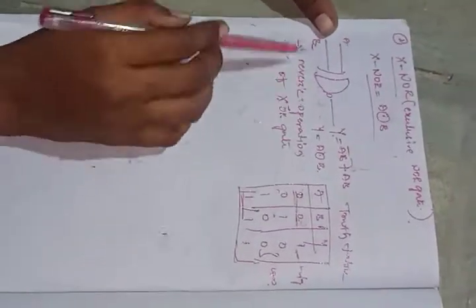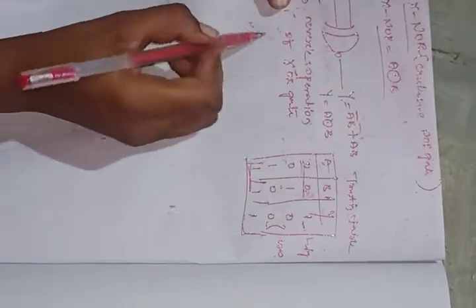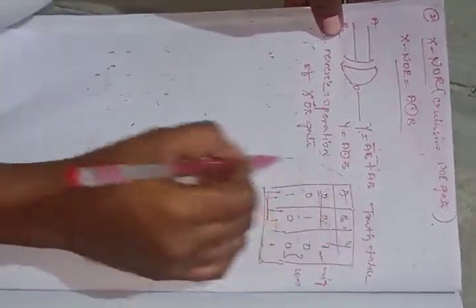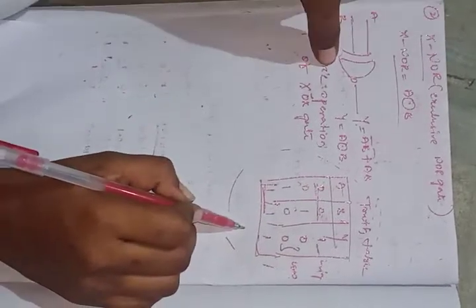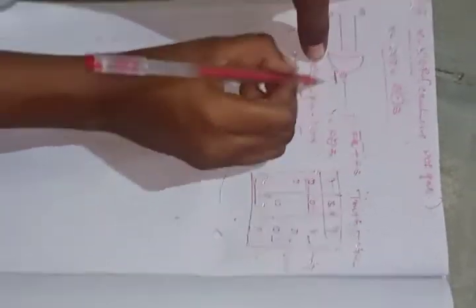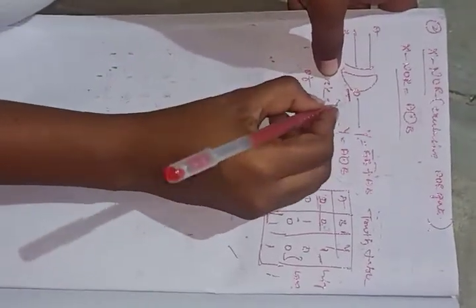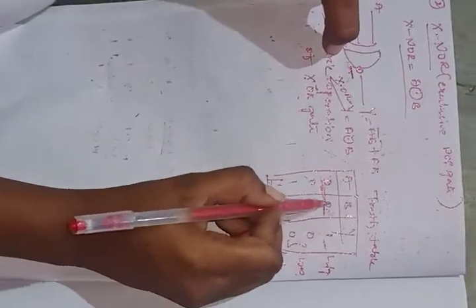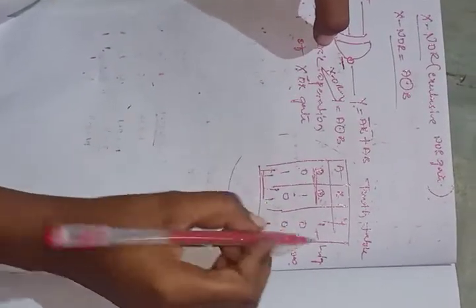This is the symbol of XNOR gate, and it is the reverse operation of XOR gate. This is the truth table of XNOR gate. So we add only one inverter here. So this is the reverse operation of XOR gate. Okay, if we give two inputs as same, then the output is high. Thank you everyone.